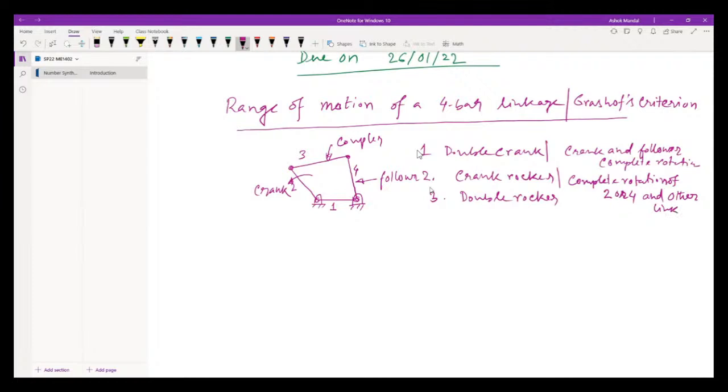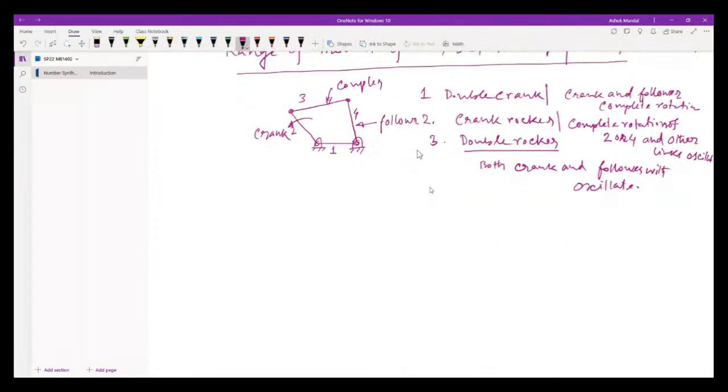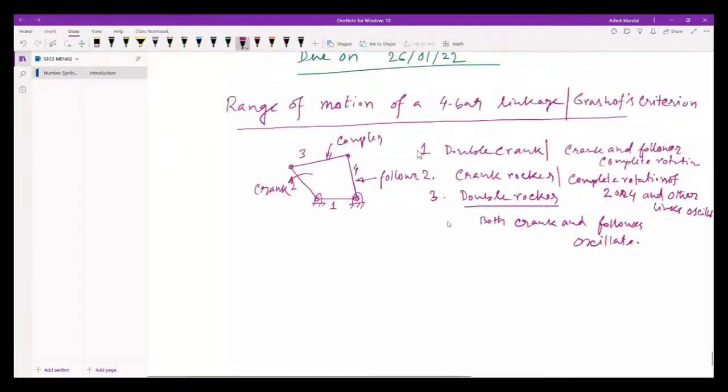Alright. And what about double rocker? Both crank and follower will oscillate. That is called double rocker.